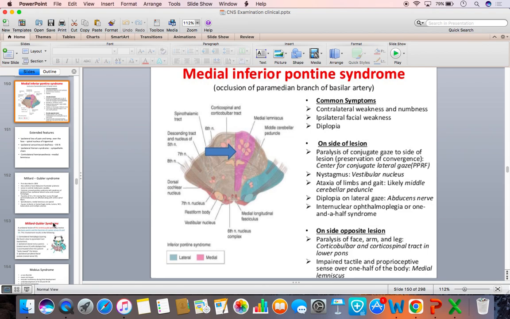So in this acoustic neuroma also, the facial nerve and the vestibulocochlear nerves are affected. But the difference is in this lesion due to acoustic neuroma, features of the long tract lesions are not there. So this point has to be remembered.